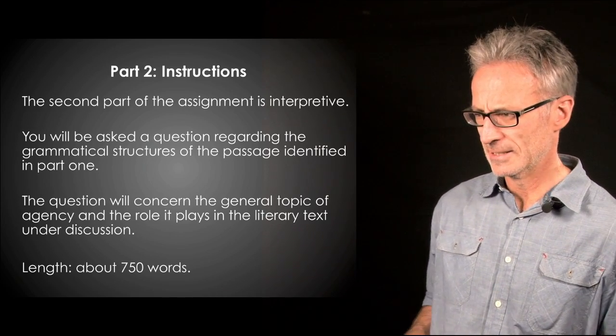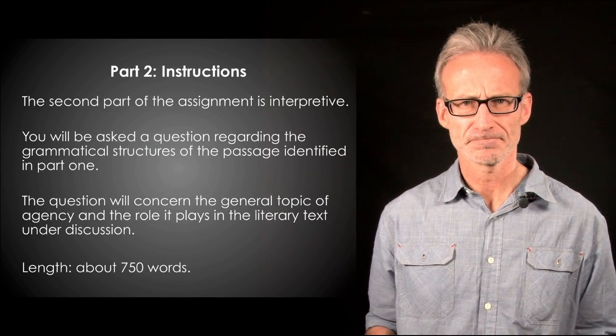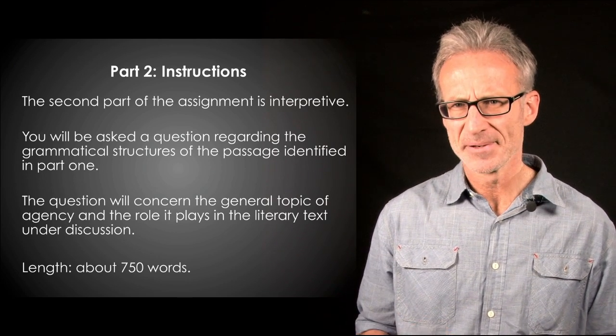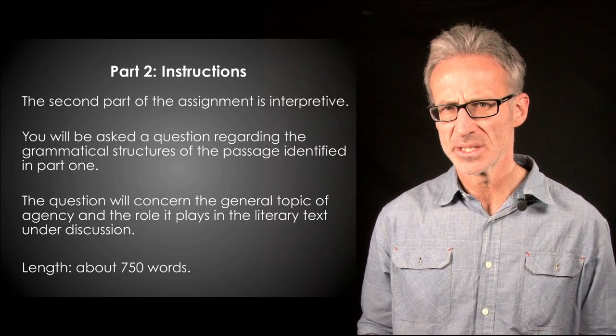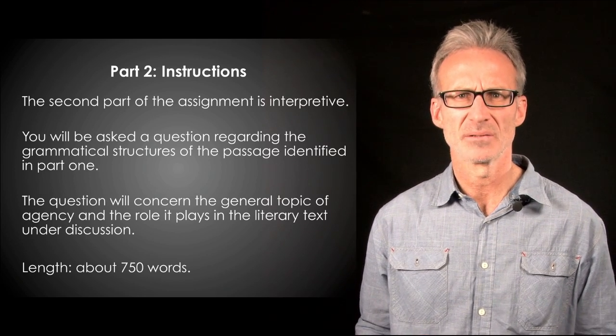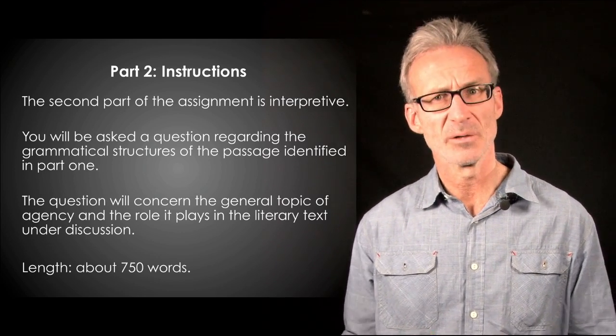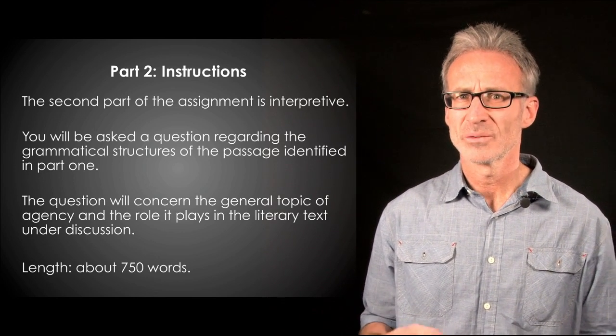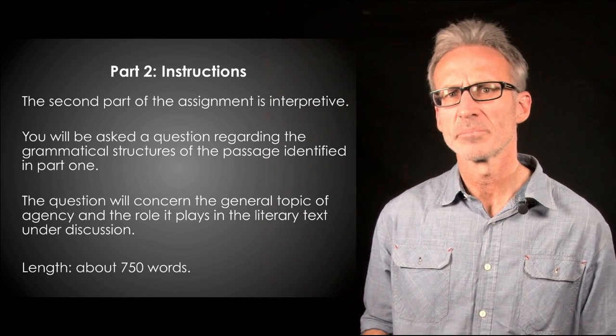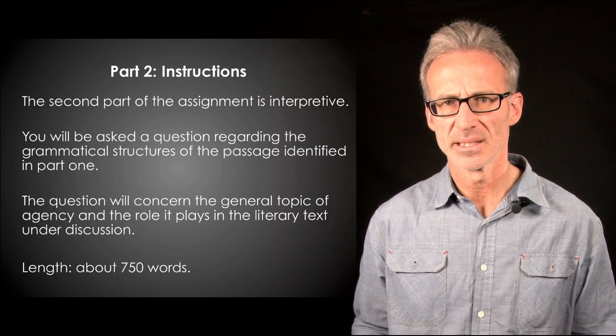Part 2 of the instructions. In this second part of the assessment, it's interpretive. So you're going to be asked a question regarding the grammatical structures of the passage identified in part 1. Now the question will concern the general topic of agency and the role it plays in the literary text under discussion.